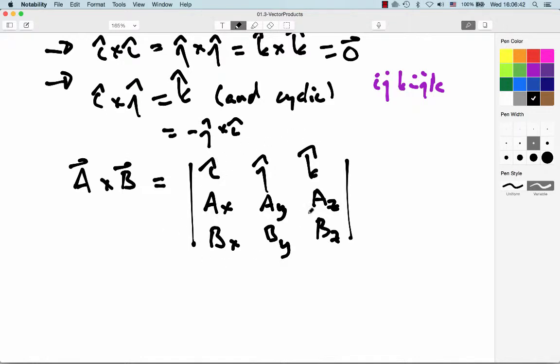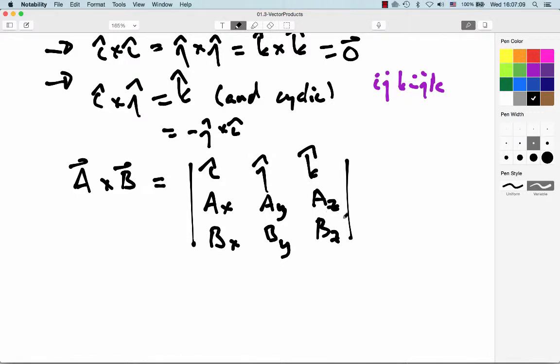Whenever you go down and to the left, that's a negative contribution. So for instance, to get the i hat pieces, you'll get i hat times aybz and minus i hat azby, like so. So that's going down to the left.